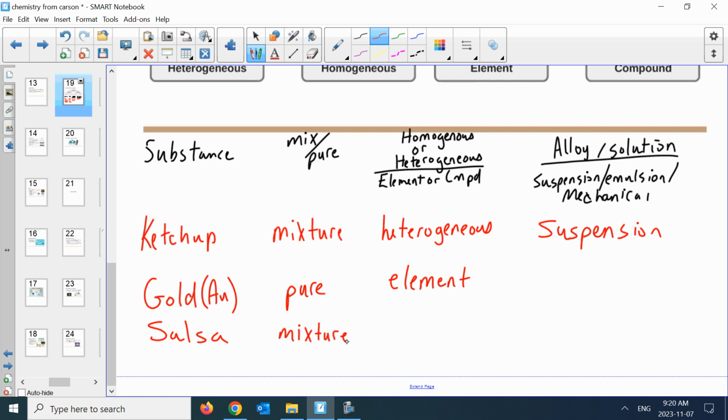Homogeneous or heterogeneous? Homogeneous would be a mixture where you can't really tell that there's parts to it. Yeah, it's hetero. And we'll say suspension again, eh?